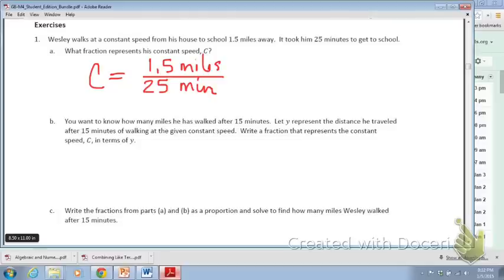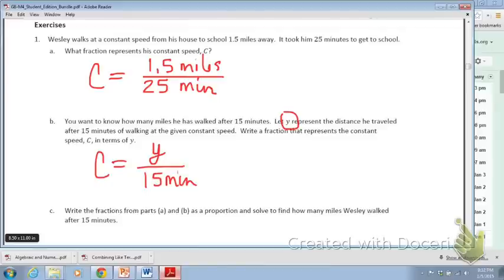Write a fraction that represents the constant speed in terms of y. Once again, our constant speed is the distance over the time. So y is representing the distance he traveled in 15 minutes. So y is my distance, and my time is 15 minutes.